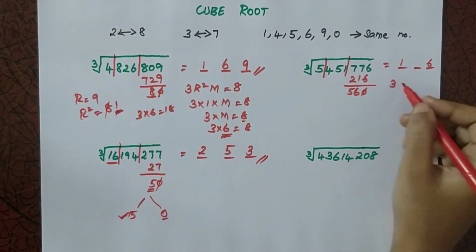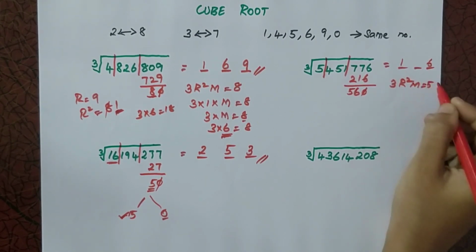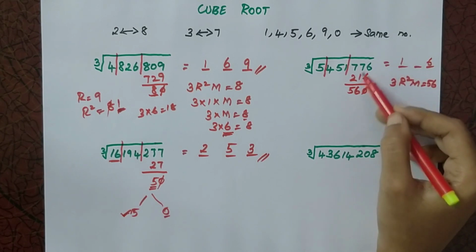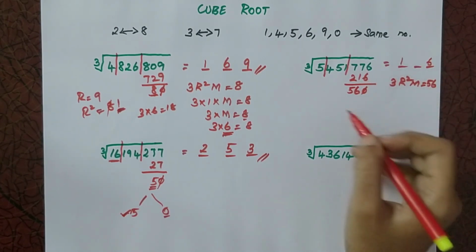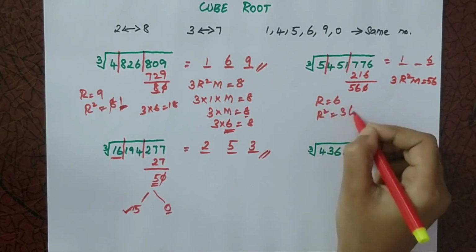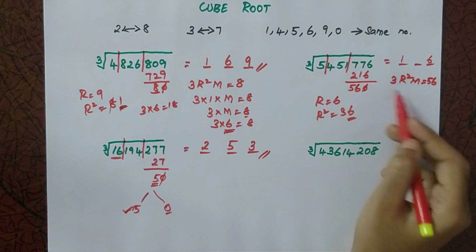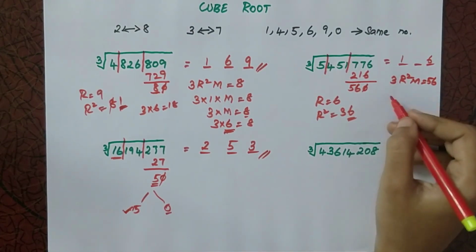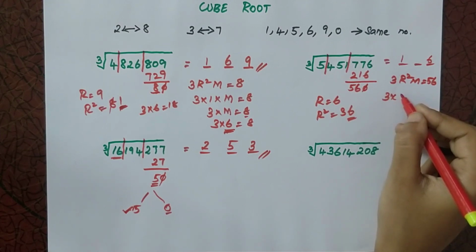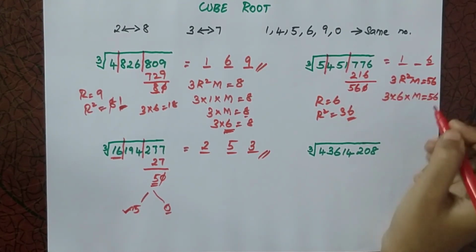Now 3r square m equals 56. Here r is 6 because we have taken the cube of 6 to find the difference. So r is 6 and r square is 36. But we have to consider only the last digit in this formula. So 3 into 6 is your r square. So 6 into m equals 56.